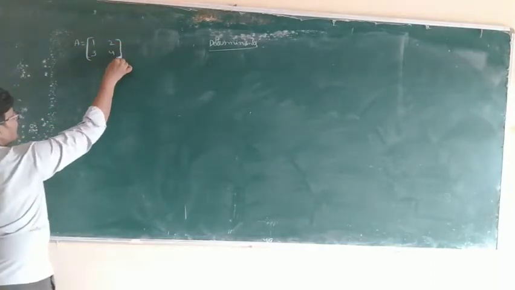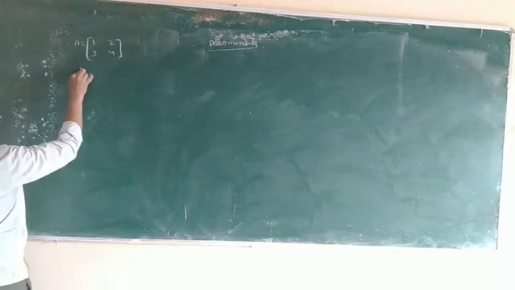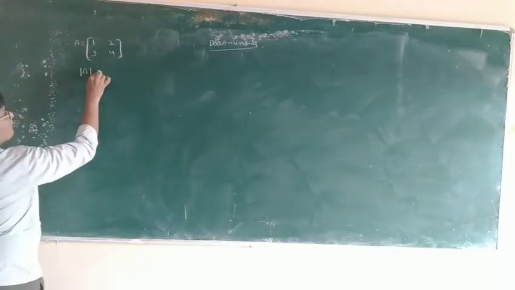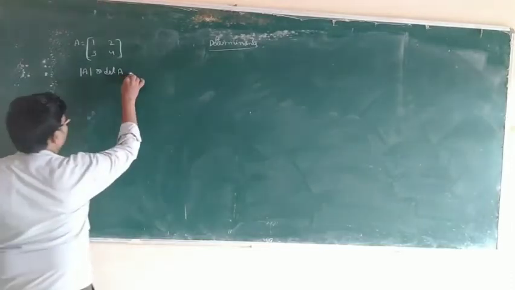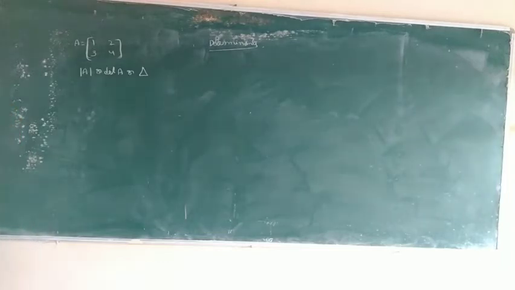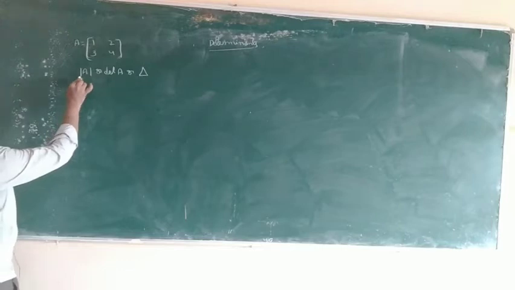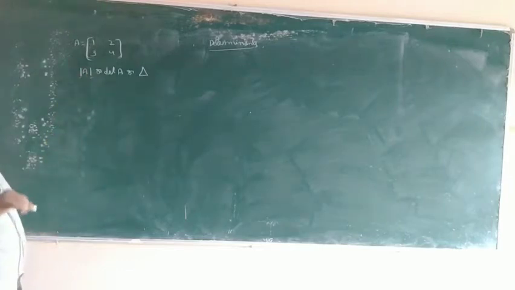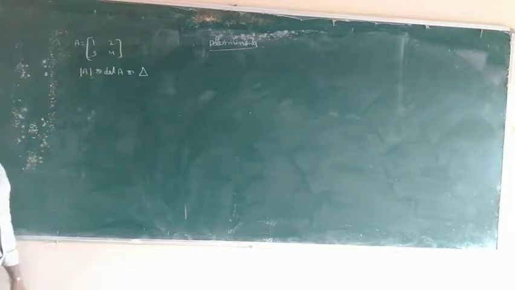The determinant of A is denoted by det A or by the capital delta symbol. This is not a modulus symbol. In the determinant chapter, this symbol means determinant of A, not modulus.